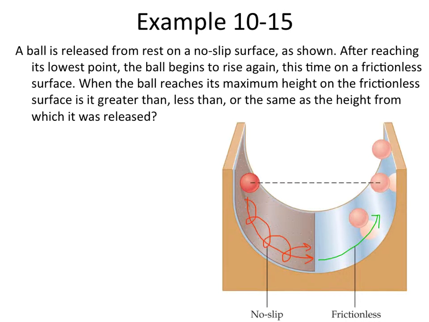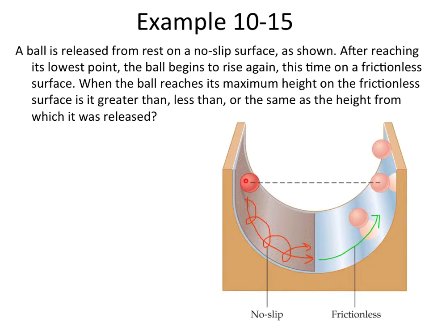But think of it like this: on this side there is no friction, so it can spin around and keep turning, even though it's maybe not turning at the same rate that it's moving against the surface. So it's sort of skidding on the way up. If it's a frictionless surface, as it moves up, the ball continues to spin, even though linearly it's slowing down. Does that make sense?